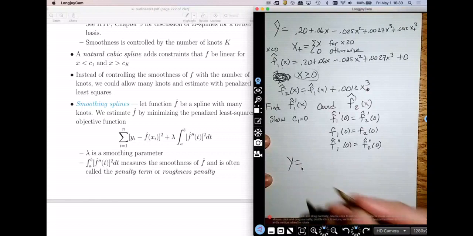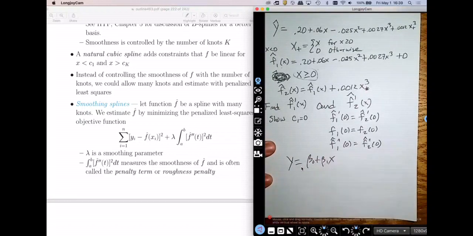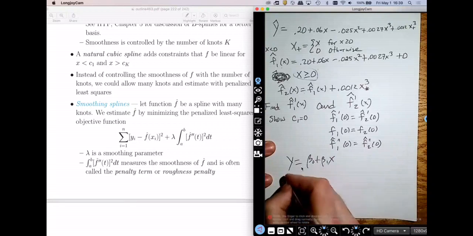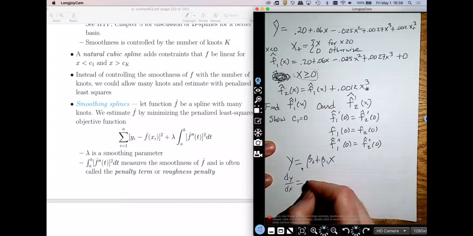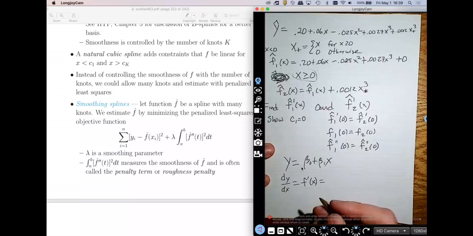So let's take a nice line here, beta naught plus beta 1 times x. Let's take the derivative, dy dx, which you could call f prime at x. And f prime at x is beta 1. Now let's take our second derivative. What is the second derivative of this? The answer is 0.